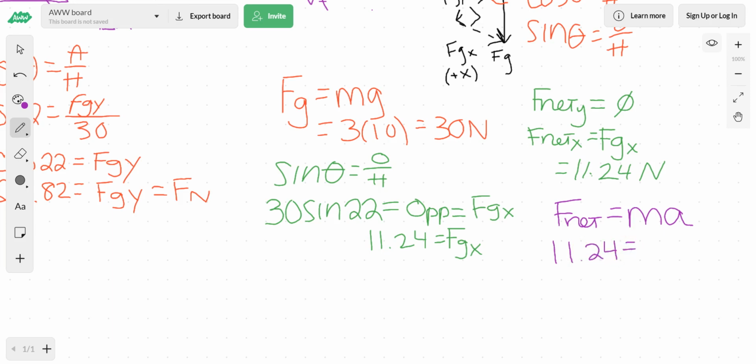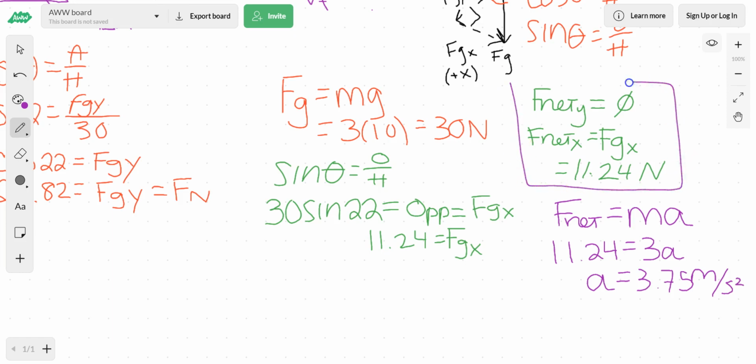We know that the mass of our object is 3, so our acceleration is going to be whatever 11.24 divided by 3 is, which is 3.75 meters per second squared. Okay, so that's the acceleration. So we have found our F net as instructed, and we have found our acceleration.